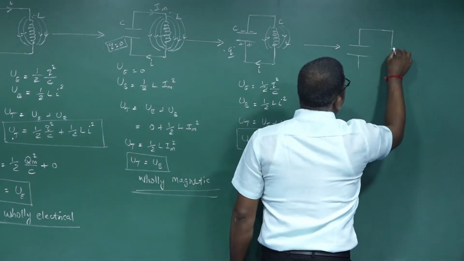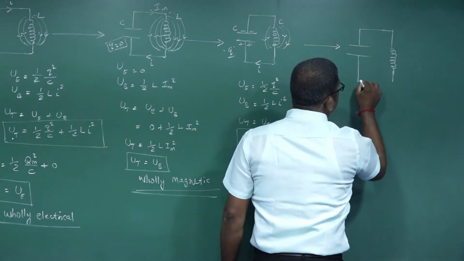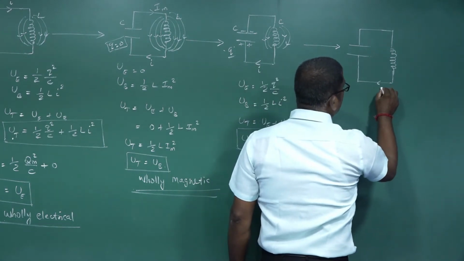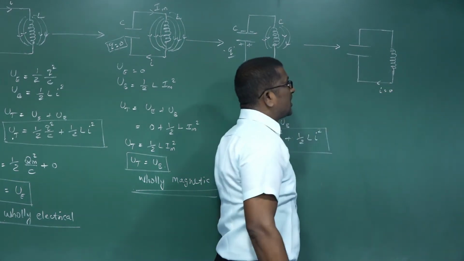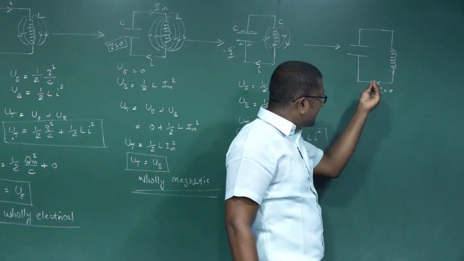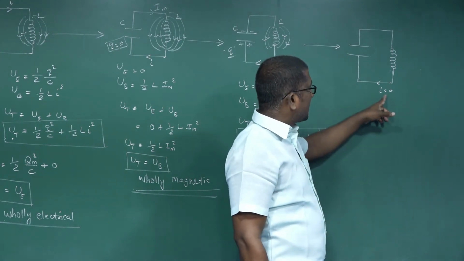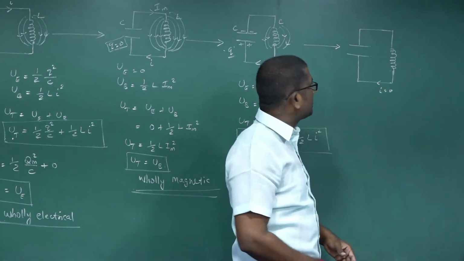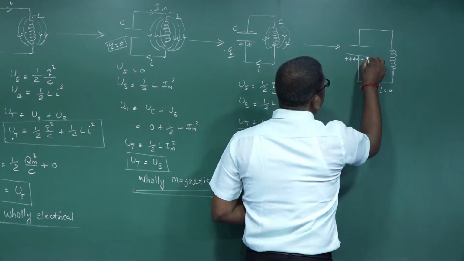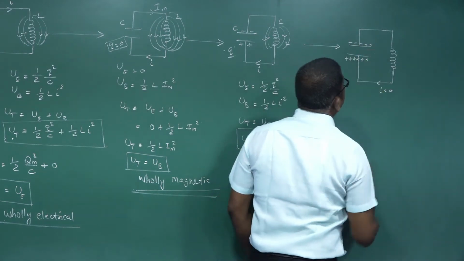Next, the current in the inductor gradually decreases and at one particular stage it becomes zero. If the current through the inductor is zero, it means a maximum amount of charge is stored in the capacitor.